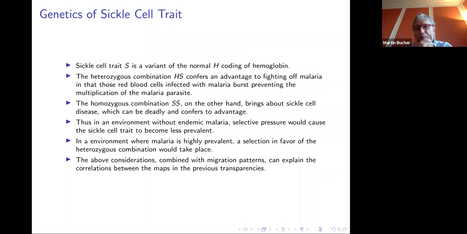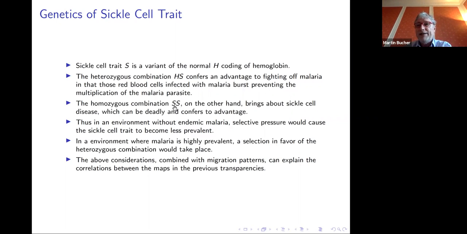So this is an interesting situation in that if there's no malaria, there's no advantage to having the sickle cell trait.